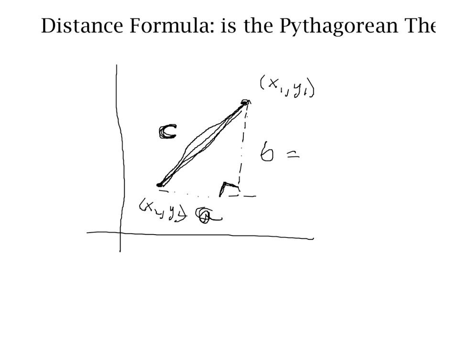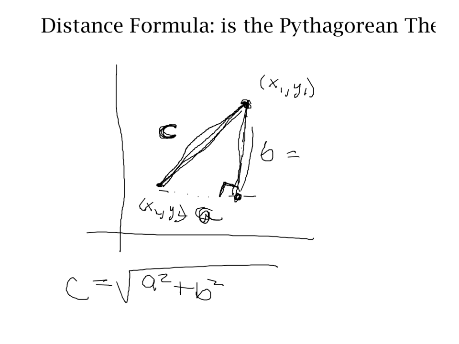Okay, so the hypotenuse is the square root of A squared plus B squared. And here, B is the length of this side, and since it's vertical, it's just the difference between y1 and y2. And A is this distance, so it's the difference between x1 and x2.